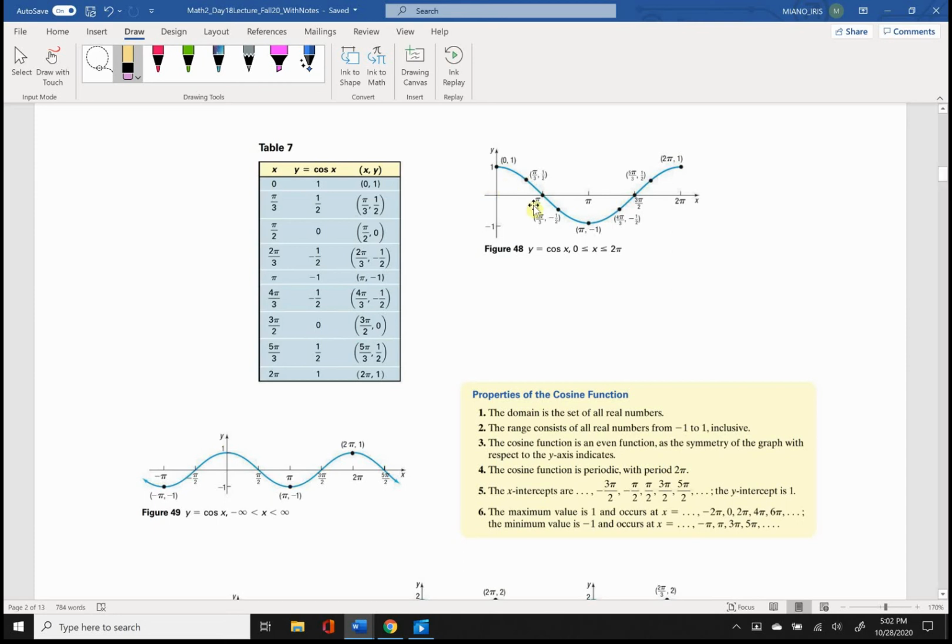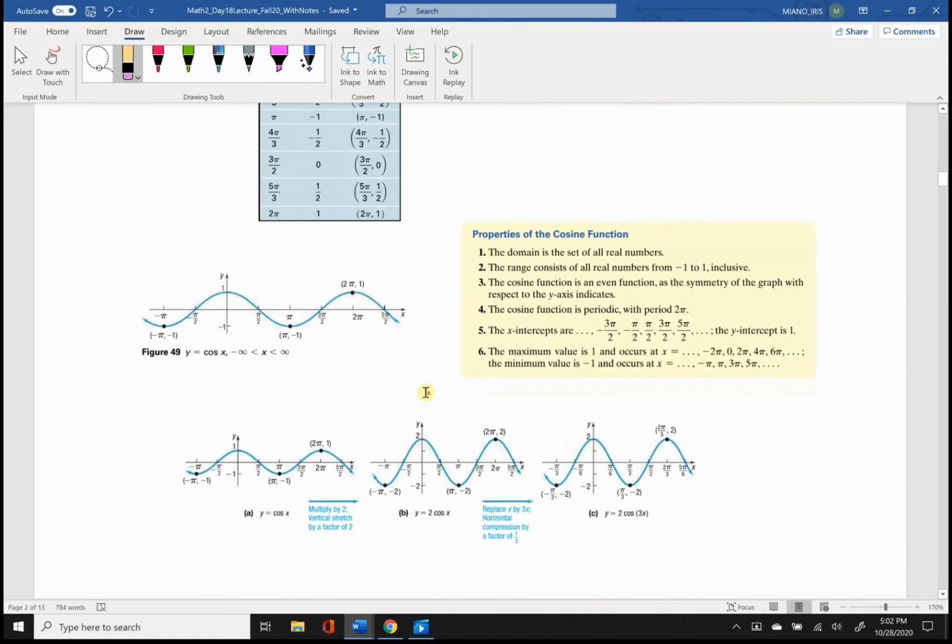And then we cross the x-axis at pi over 2, indicating a cosine value there of 0, have a valley or a trough at pi, cross again at 3 pi over 2, and then have another peak at 1 at the end of the cycle. And here are the corresponding ordered pairs associated with this figure as well.